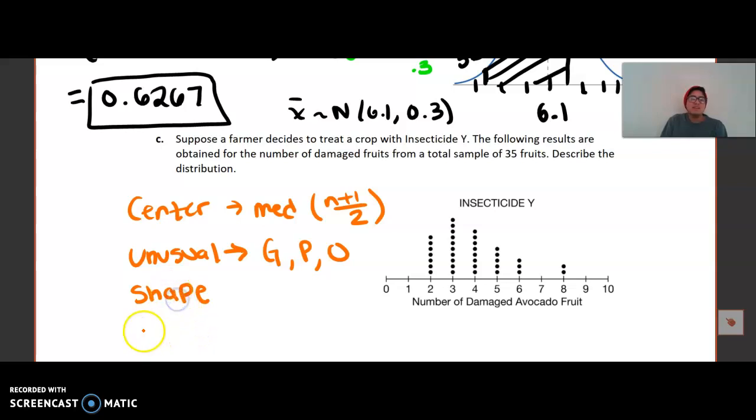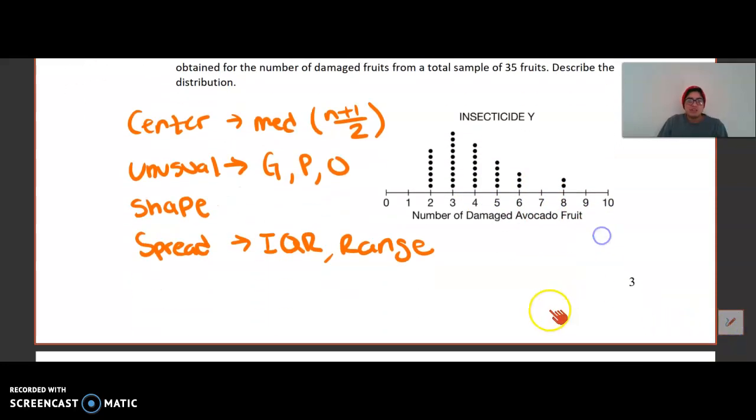And then the last thing we want to look at is the spread of the distribution. And here again, since we're skewed, we either could look at the IQR because this is a resistant summary statistic, or what would be easier here would be the range, although the range would give us a little bit of a biased view here since there is slight skewness. So just a little fun refresher there.